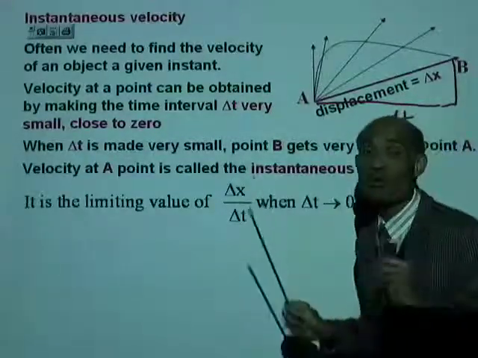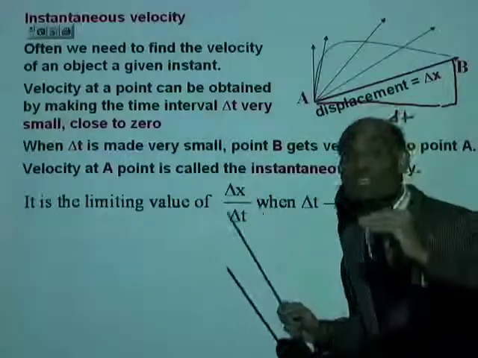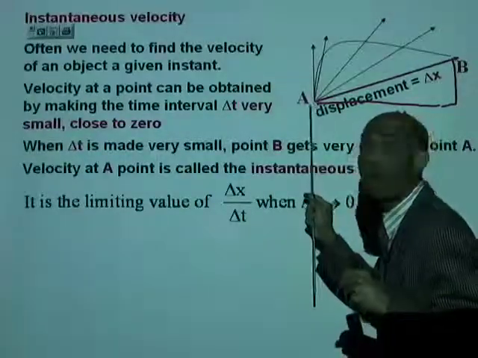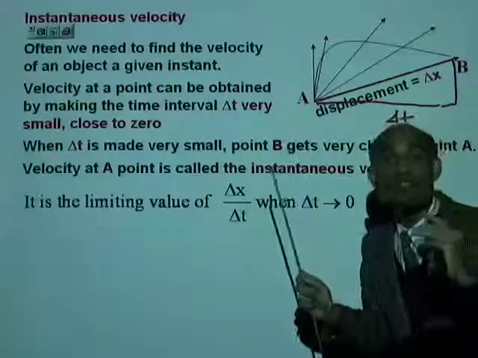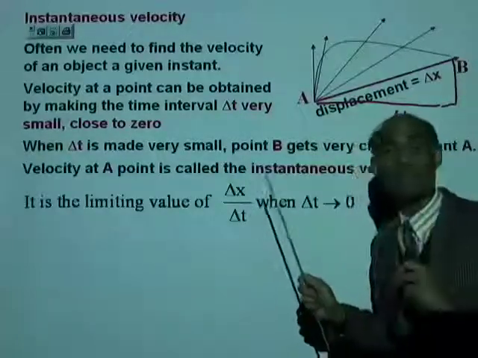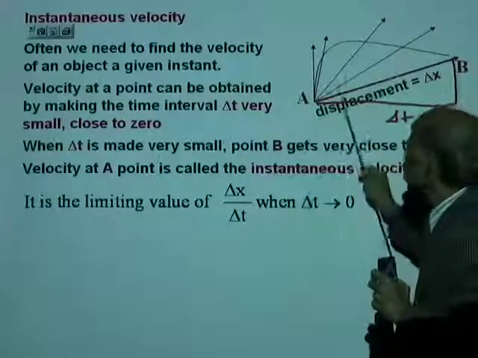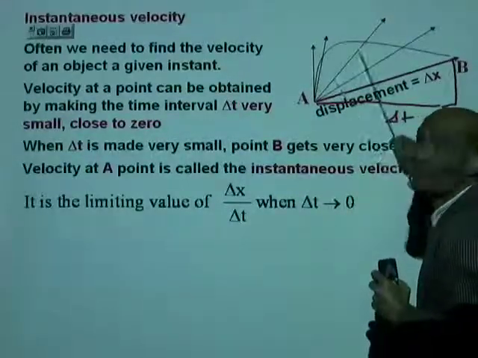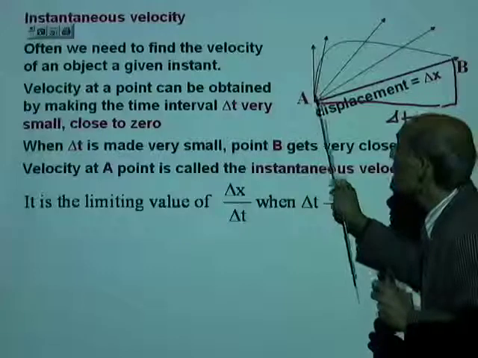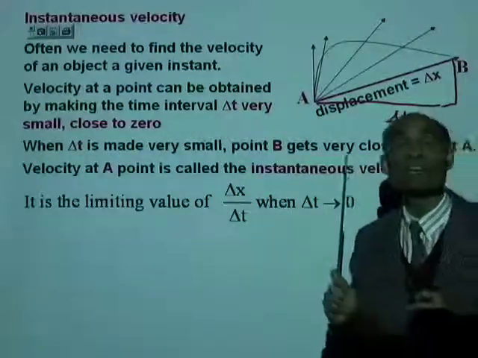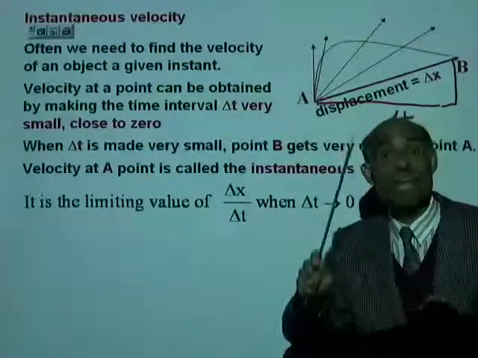And therefore, the instantaneous velocity at point A is the slope of that tangent line. Whereas average velocity is the slope of the secant line, the instantaneous velocity is the slope of the tangent line.